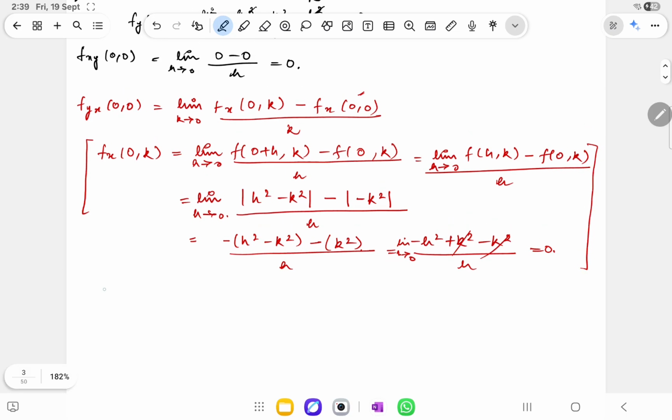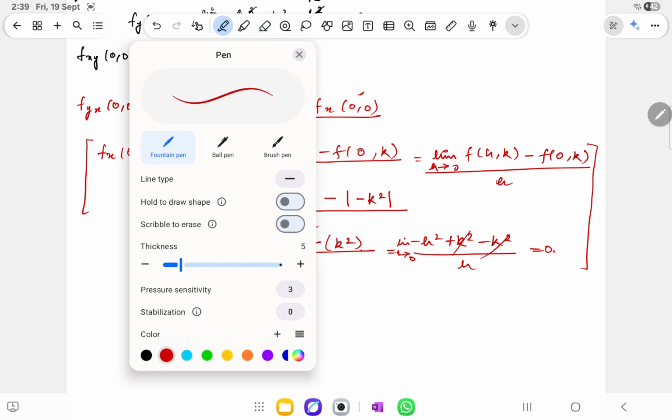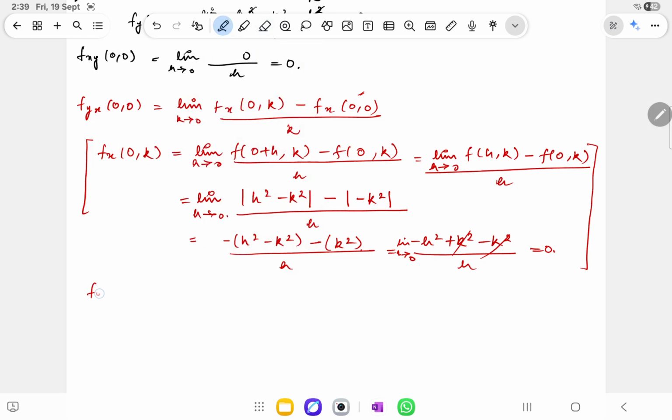So our limit, sorry, f_yx we are calculating. So f_yx at (0, 0) is the limit k approaches 0 of 0 minus 0 divided by k, and that turns out to be 0.